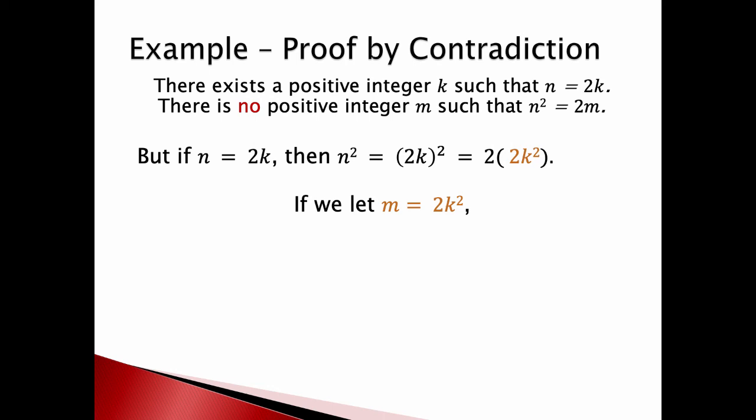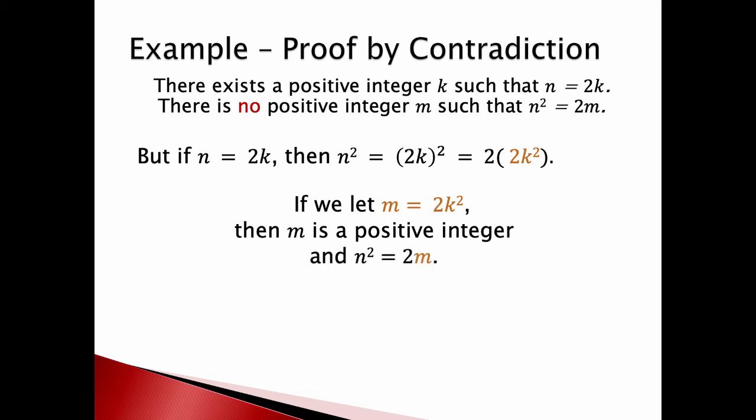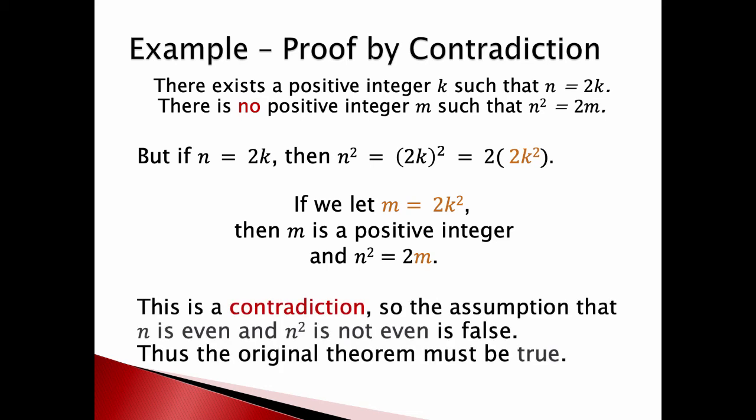So if I said, look, here's an m, 2k squared. If m were equal to 2k squared, then m is a positive integer, and n squared is 2 times that particular m. So there's my contradiction. In other words, I'm assuming that for all positive integers m, n squared is not 2m. But look, I just made an m so that n squared was 2m.